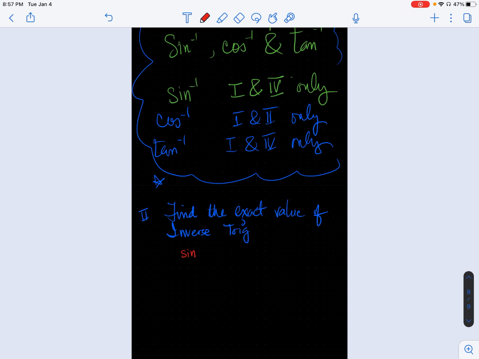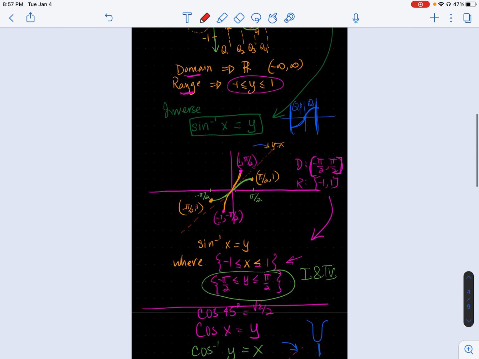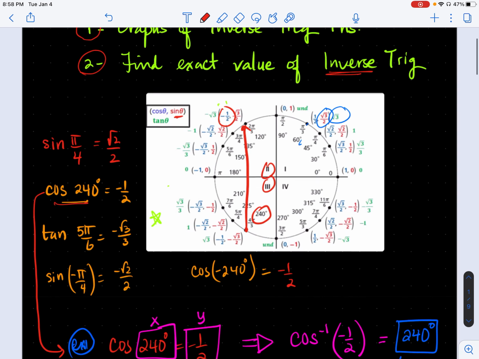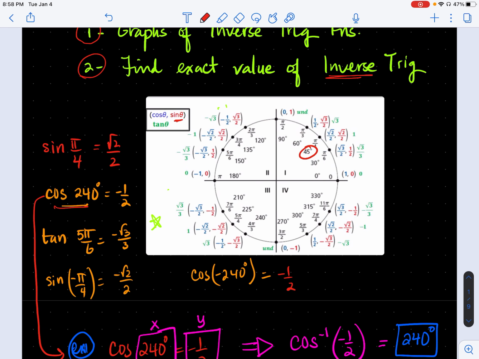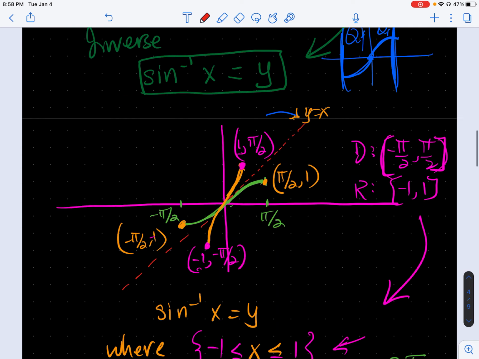Again, as I reminded you earlier, if I were to ask you, hey, what's sine of 45 degrees? You're going to go to 45 and get the sine value from there on your unit circle. 45, sine value, root 2 over 2.